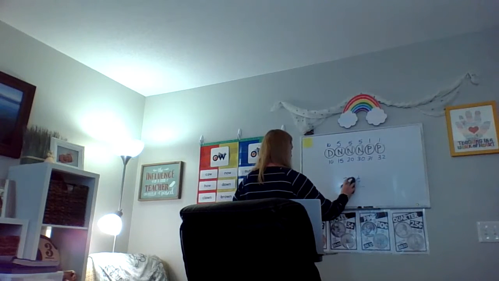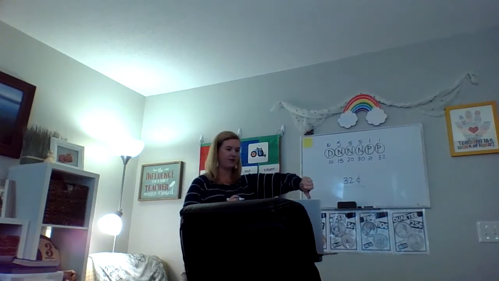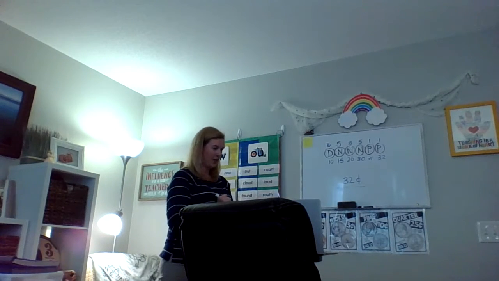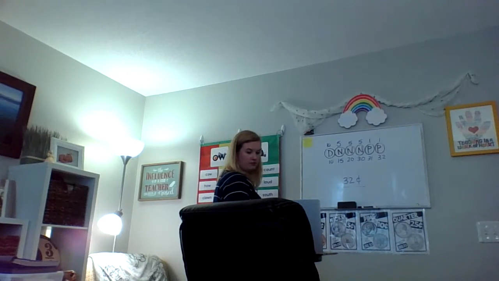Okay, so it's 32. Did I do it right now? Thumbs up, thumbs down. I'm getting some thumbs down still. Why, Gage? Because 10, 15, 20, and then 25, not 30.